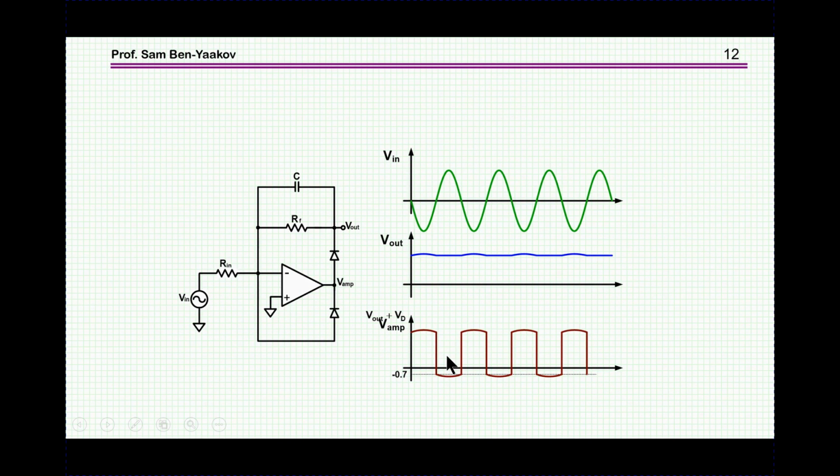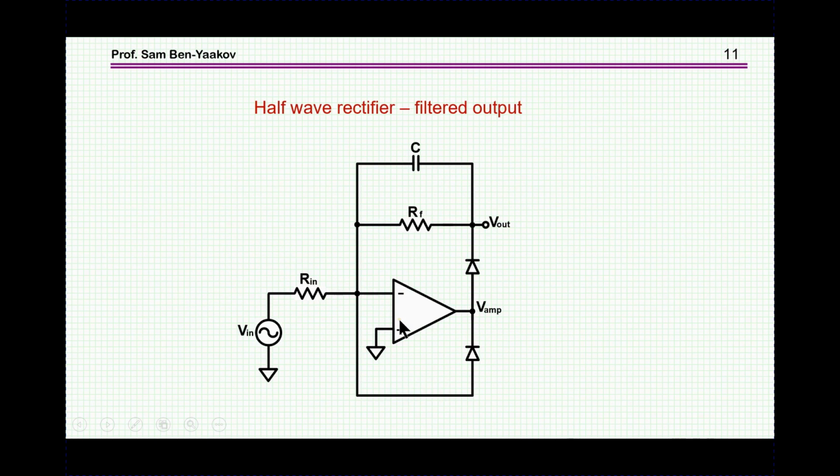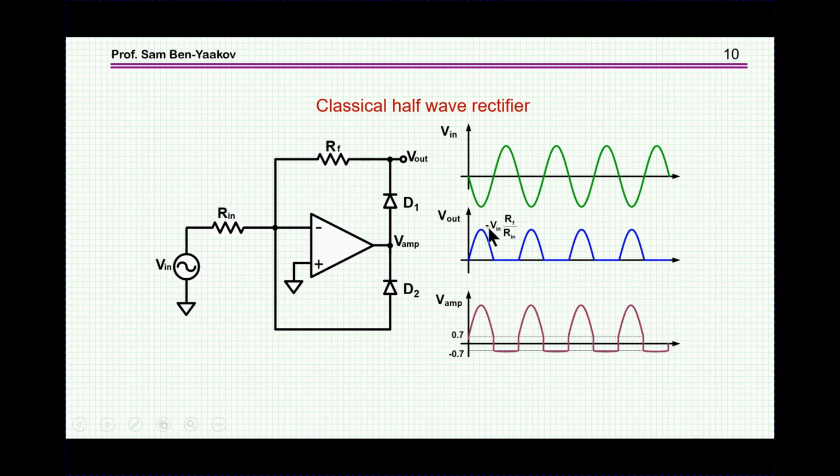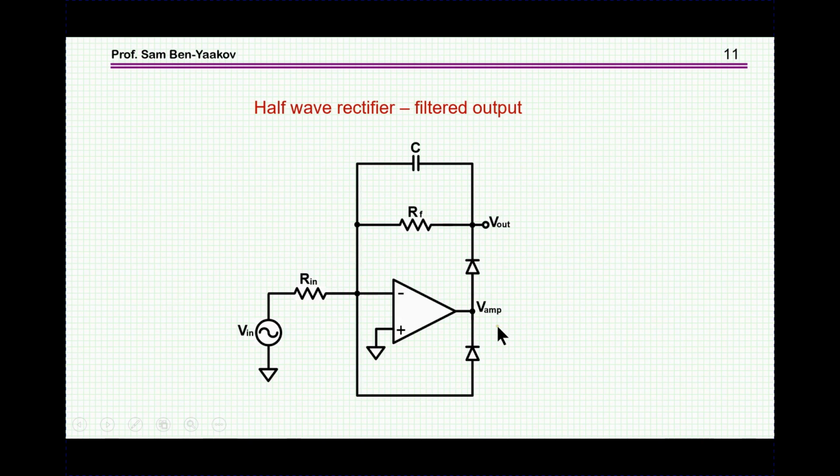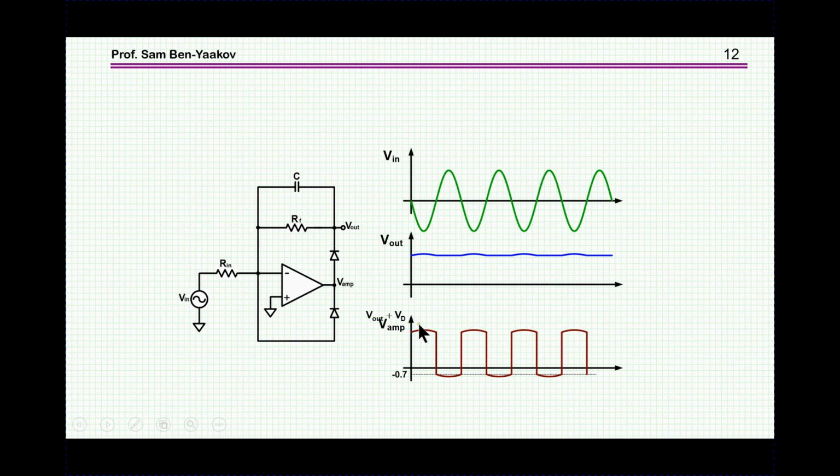Now there are 2 points to consider here. One is the fact that the output now is not going to be, as before, sinusoidal, but rather close to a square wave.